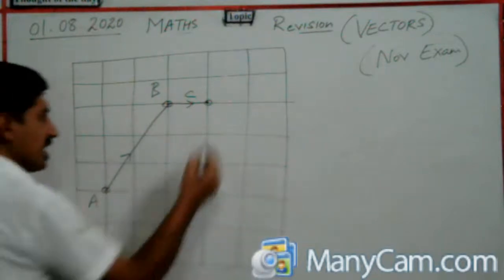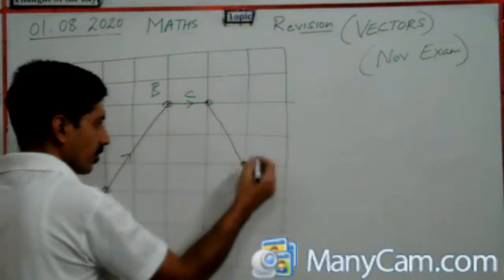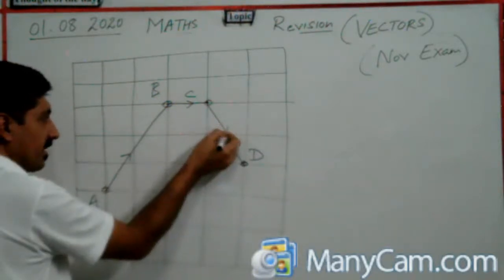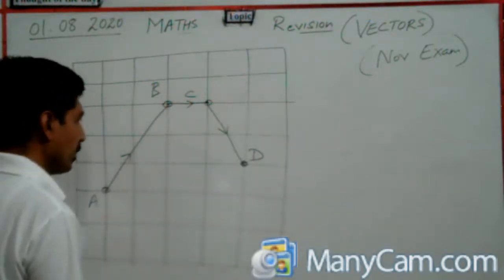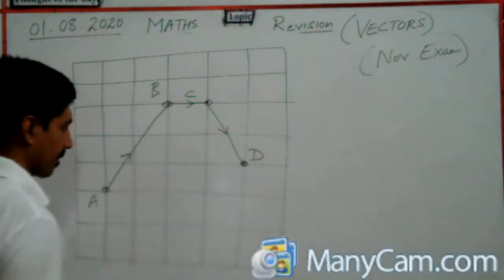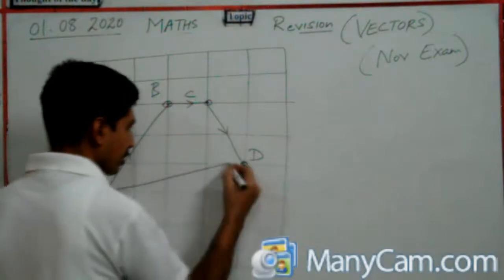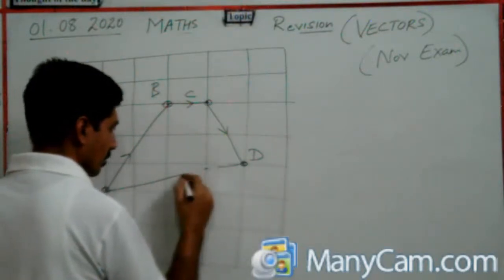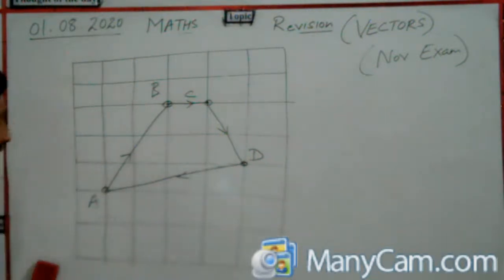And from C, one is coming to D. The vector is C to D, and then we have the vector D to A. So here we have the vectors.